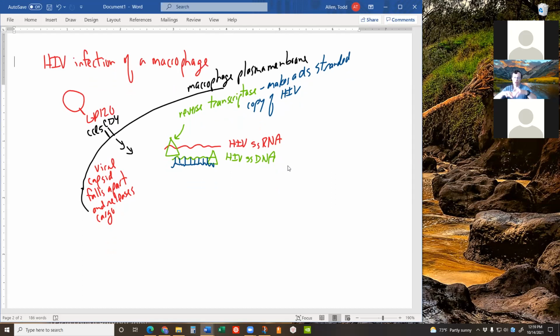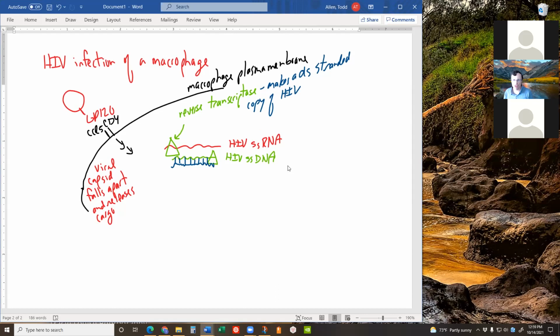Any thoughts, questions, or problems at this moment? You saw in the video that then this double-stranded DNA molecule, which is HIV in a DNA version, will gently circularize. And then the video said that the HIV DNA will move into the nucleus.